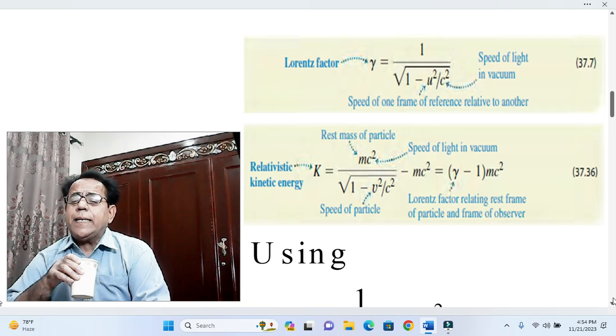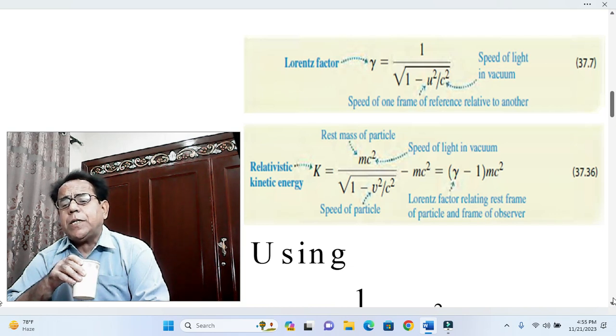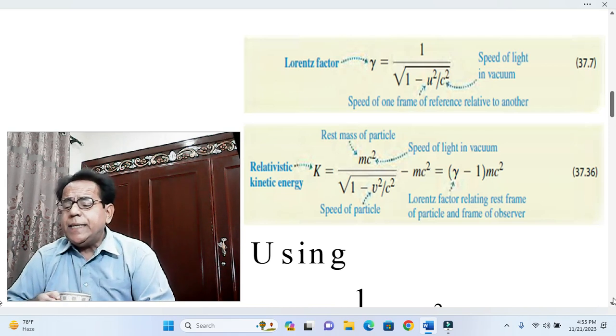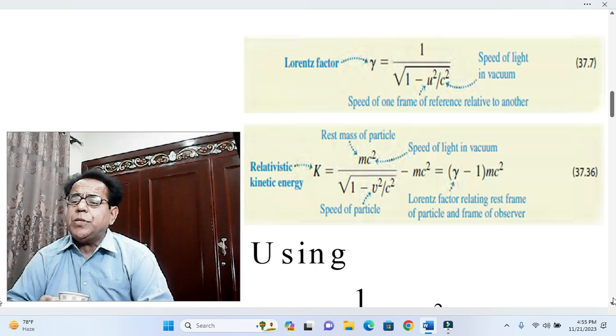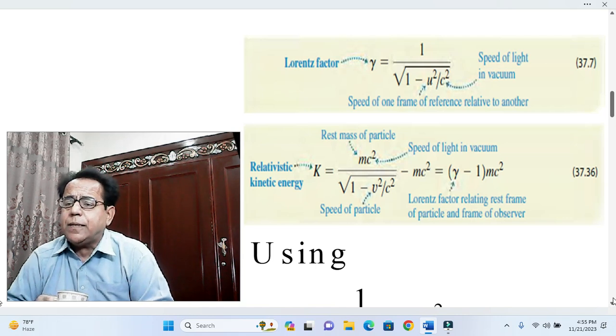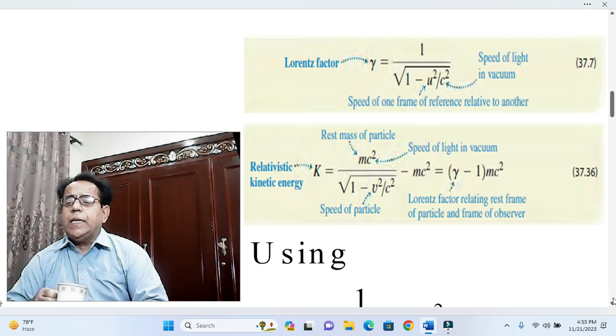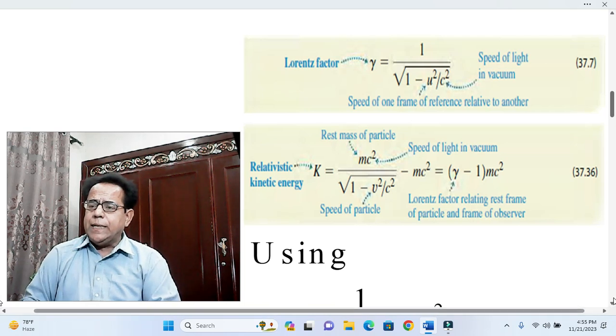Relativistic kinetic energy K is equal to mc square over the square root of 1 minus v square over c square, minus mc square, and this alternatively becomes equal to gamma minus 1 times mc square, where v is the speed of the particle, c is the speed of light in vacuum, and gamma is the Lorentz factor relating the rest frame of the particle and the frame of the observer. We have dealt with this gamma in detail in the above snapshot.